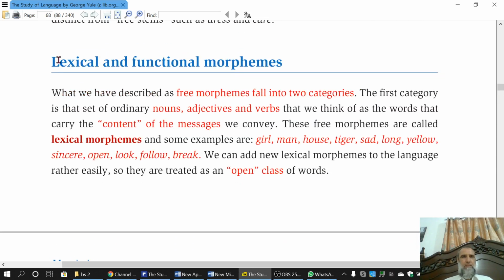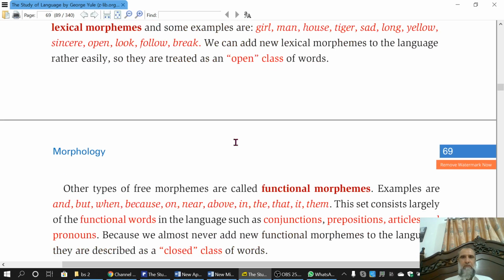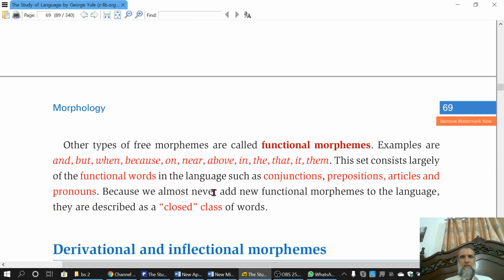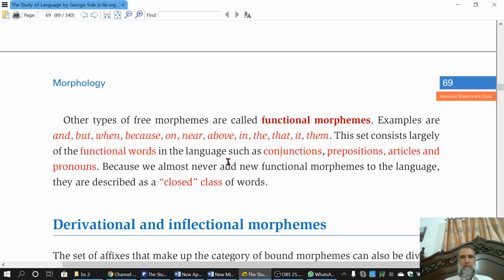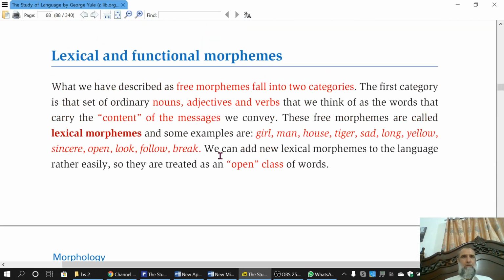We discussed lexical morphemes, which are nouns, adjectives and verbs, and this is one kind of free morpheme. The other kind of free morphemes is the functional morpheme. Functional morphemes belong to a closed class, and they are conjunctions, prepositions, articles and pronouns, and they perform some grammatical function, but they are free morphemes because they can stand alone. Both the lexical and the functional morpheme can stand alone.